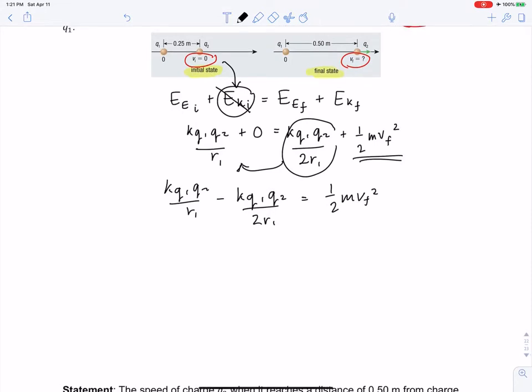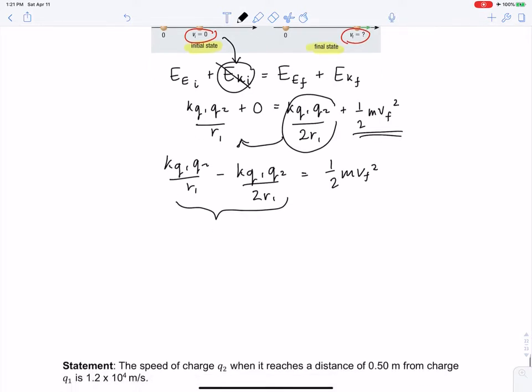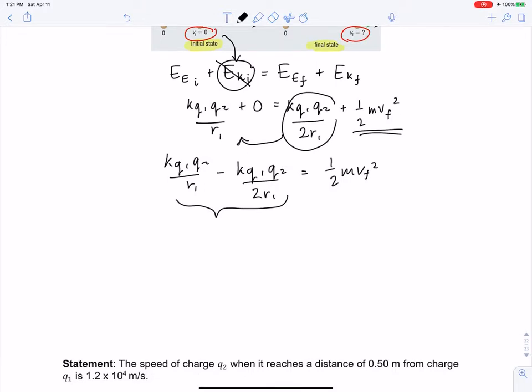Now, k Q1 Q2 over r1 minus k Q1 Q2 over 2r1 is equivalent to subtracting 1 minus 1/2. Hopefully you can see this. If you simplify this expression, 1 minus 1/2 is 1/2. So you get k Q1 Q2 over 2r1 equals 1/2 m vf squared.